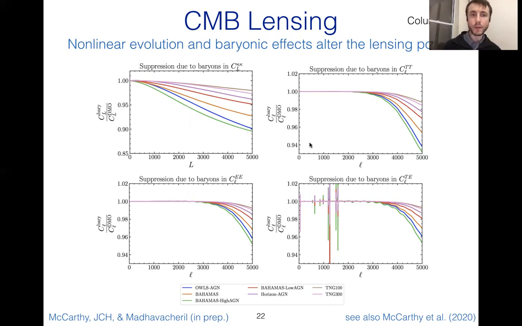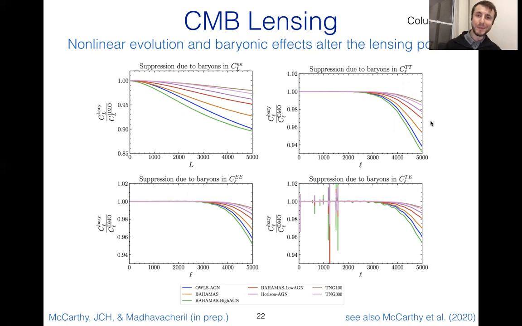Now, we can then turn those changes in the lensing power spectrum and compute how they change the predicted primary CMB power spectra, which is just what's shown in the other three plots here, TT, EE, and TE. What you can see, looking at the TT plot, is that as you go out beyond L of, say, 3,000, 4,000, you're getting multiple percent level changes in the TT power spectrum.